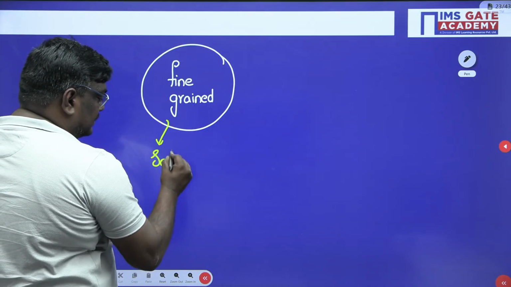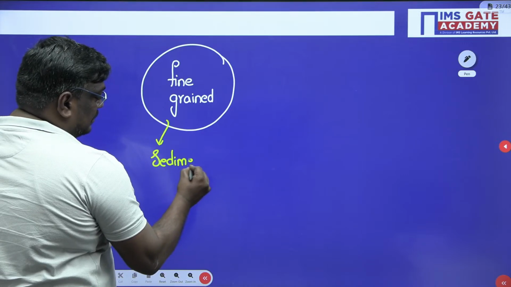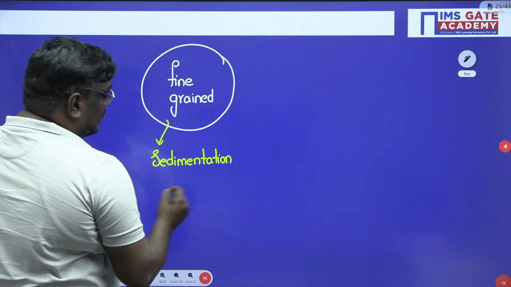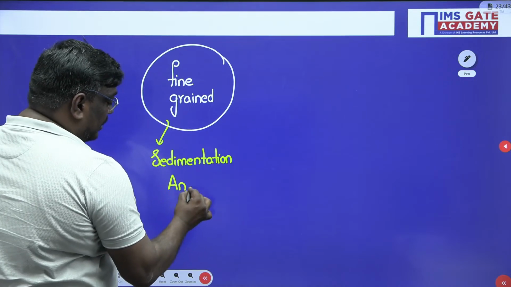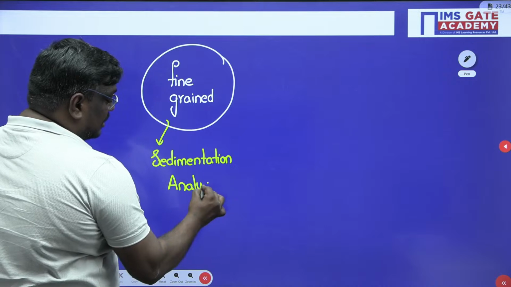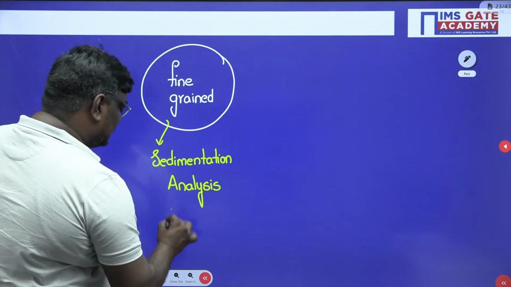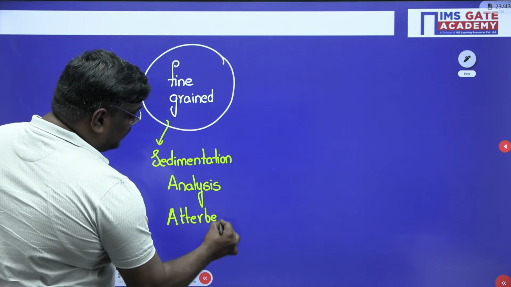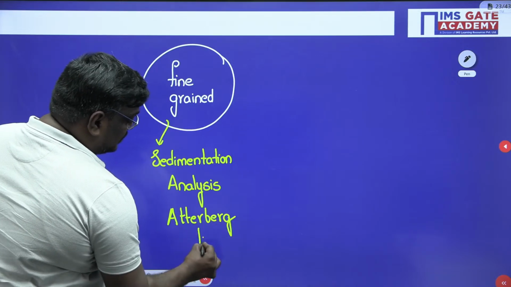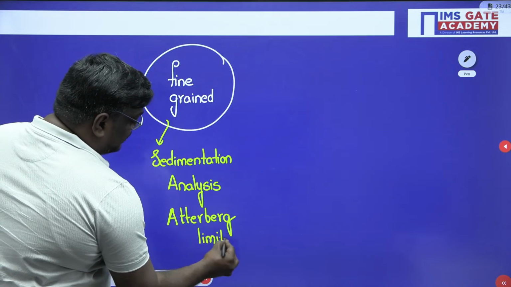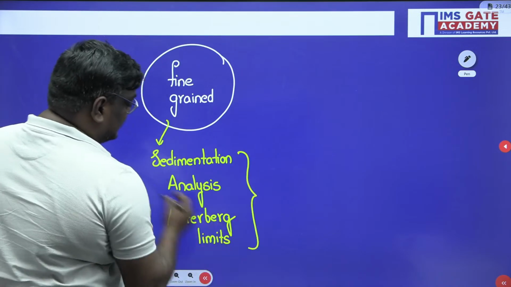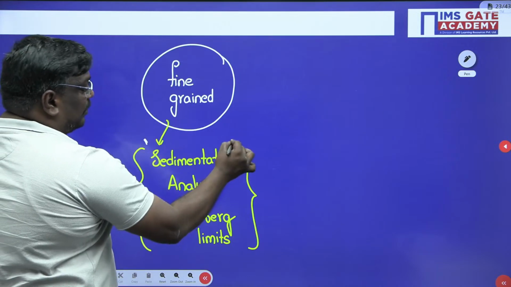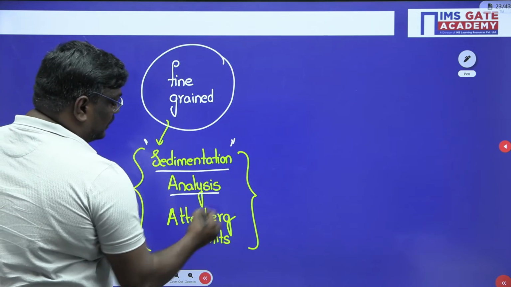Sedimentation analysis and consistency limits, or you can say Atterberg limits. Tomorrow I will be discussing only the Atterberg limits. These two methods are helpful for classifying the fine grained soils.